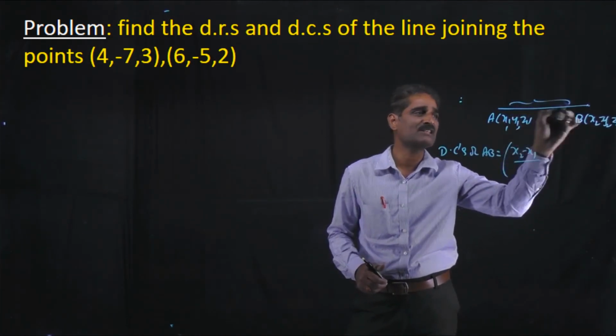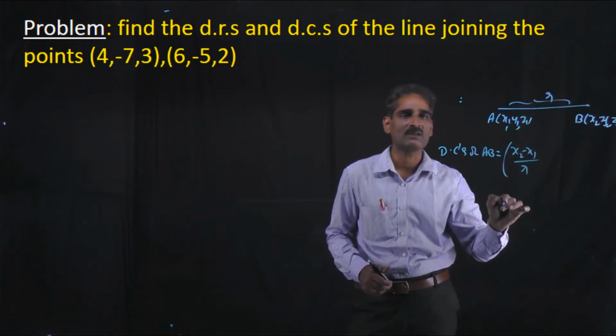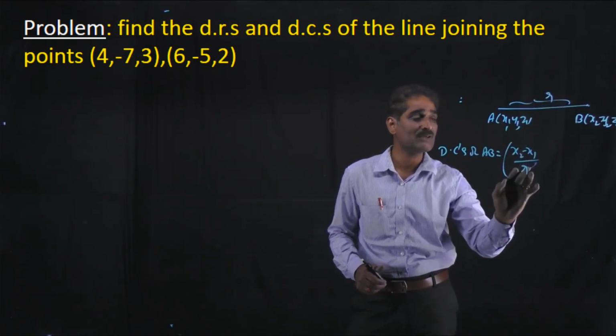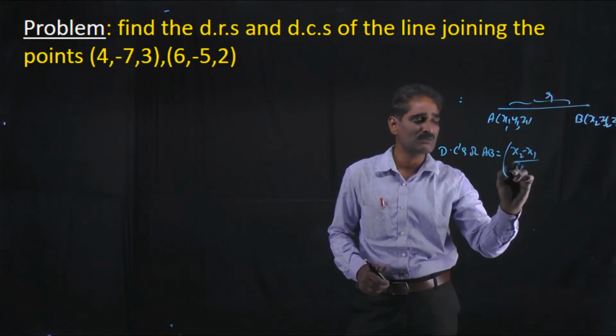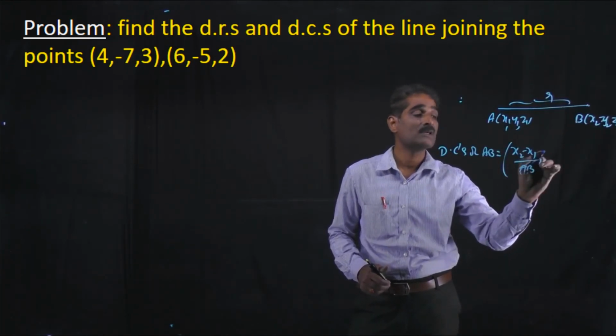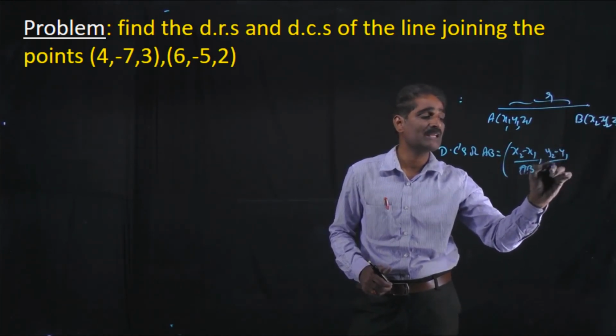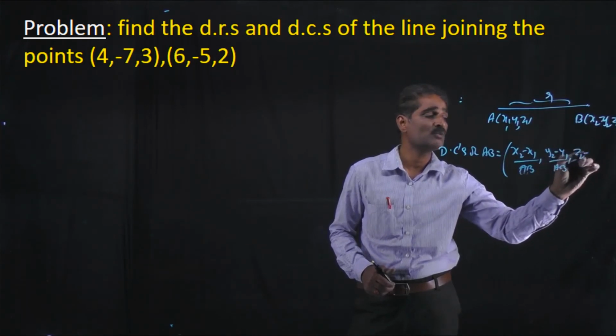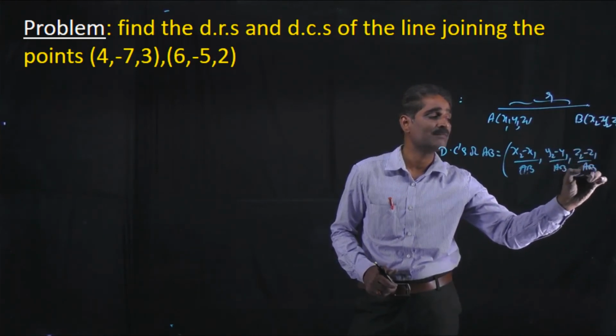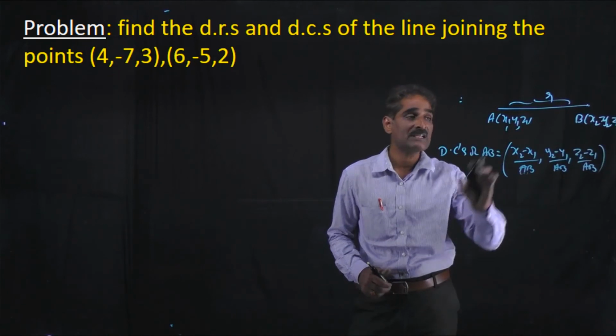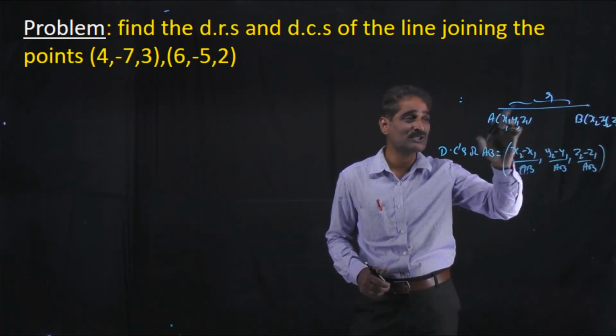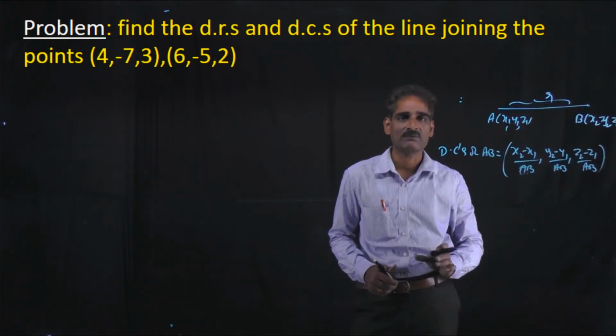If you take the length of PQ equal to R, this is the formula. Otherwise, we can write the length AB simply: x2 minus x1 by AB, y2 minus y1 by AB, and z2 minus z1 by AB. Direction cosines of the line passing through the 2 points is this one.